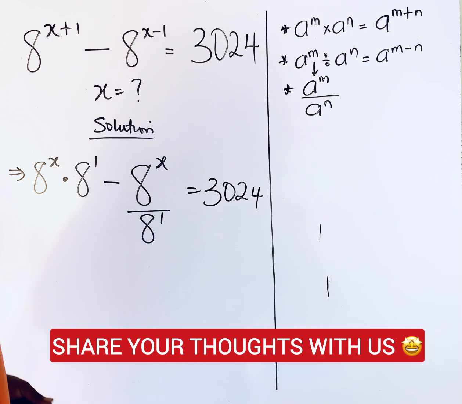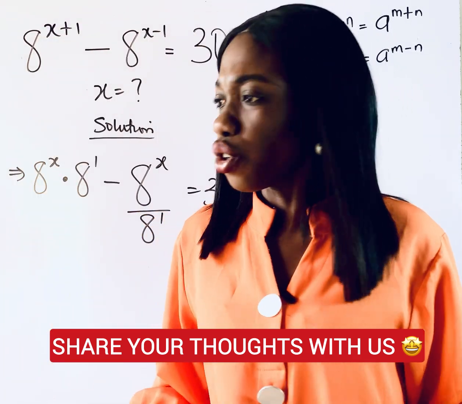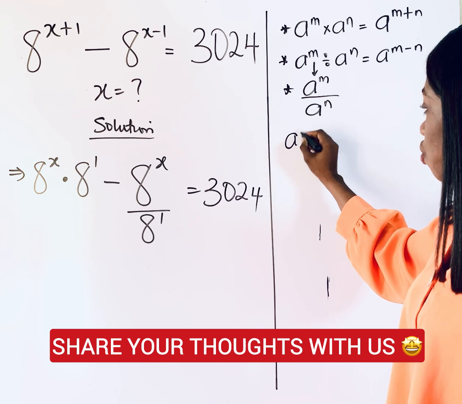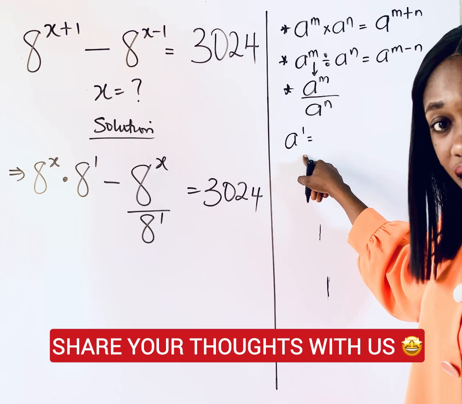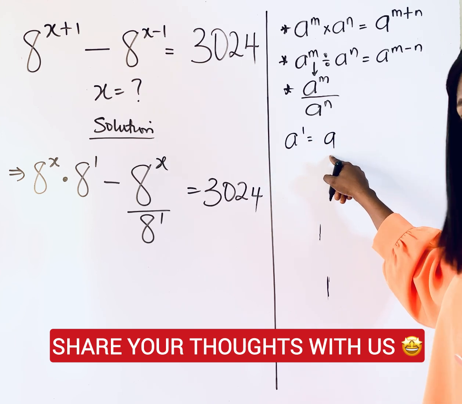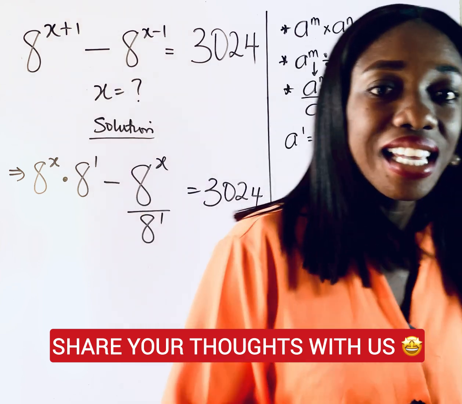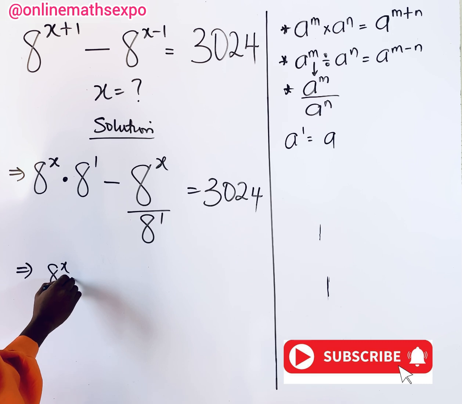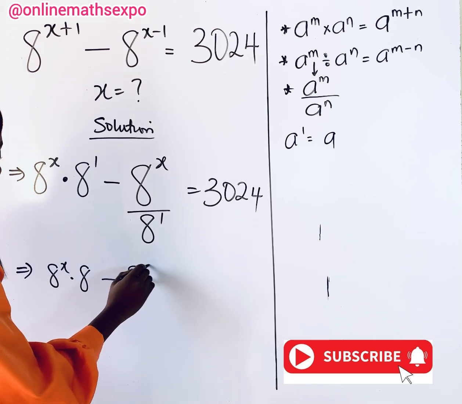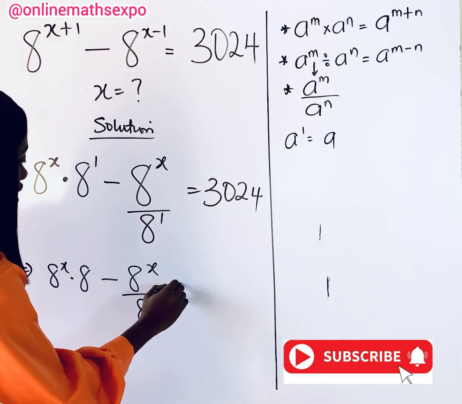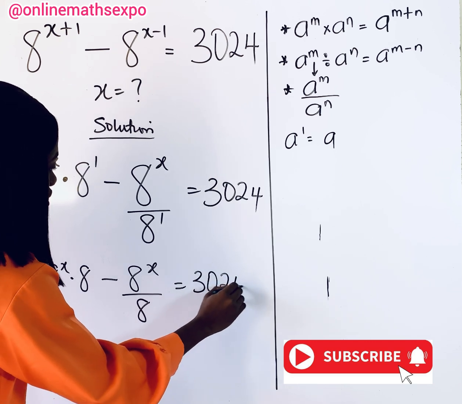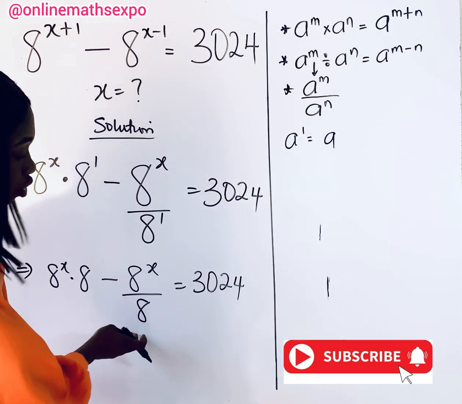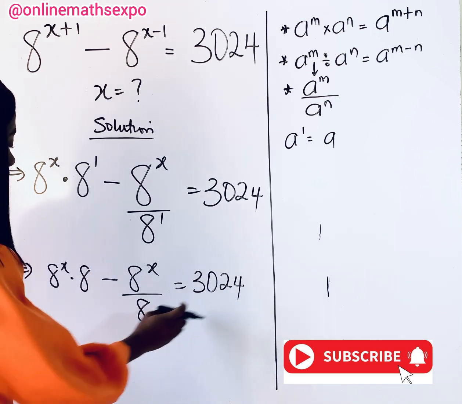3024. Now, what do you think you should do here? You are going to first clear this, but remember, each time a number is raised to the power of 1, according to your rule of exponent, it is always that number. Okay, so if you apply it here, we're going to have 8 to the power of x multiplying 8, minus 8 to the power of x over 8, is equal to 3024. So we're going to clear this denominator, and to do that, you multiply each term by this 8.